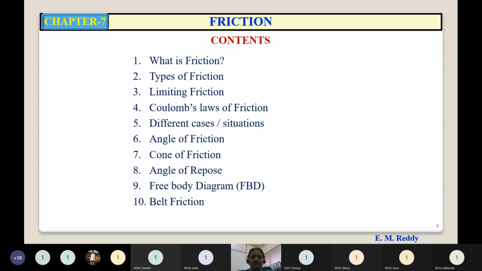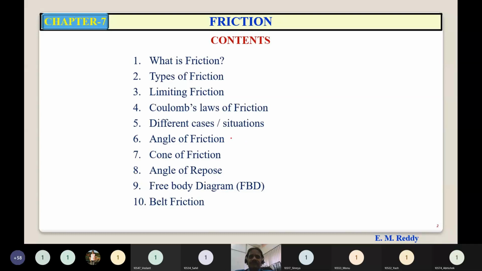what is friction? What do you mean by friction? What are the types of friction? And what is limiting friction or maximum friction? What are the Coulomb's laws of friction? And we are going to see different situations or different cases. And what is angle of friction?